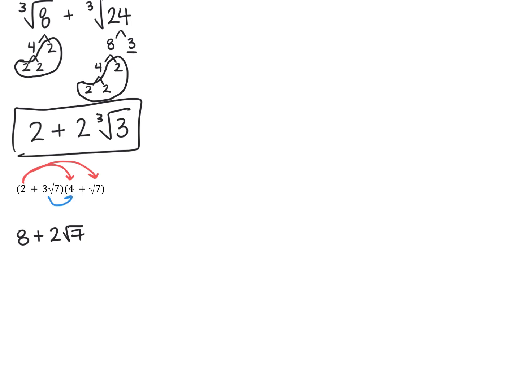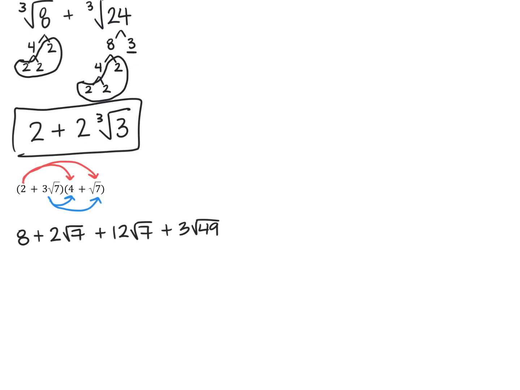Then you have to do the 3 square root 7 times 4 and the 3 square root 7 times the square root 7. So 3 square root 7 times 4 is 12 square root 7. And when I do 3 square root 7 times square root 7, I get 3 square root 49.